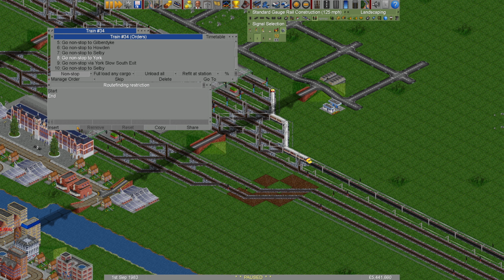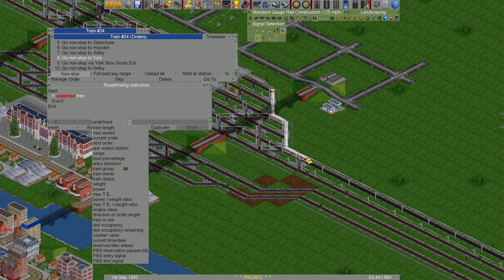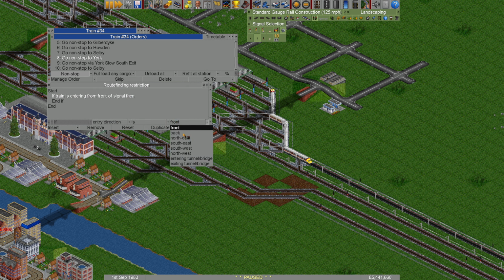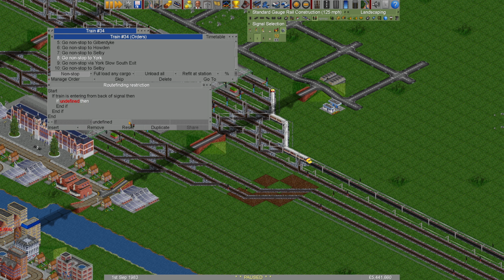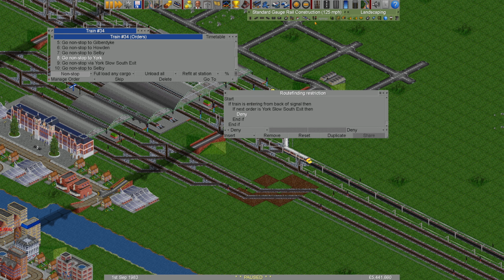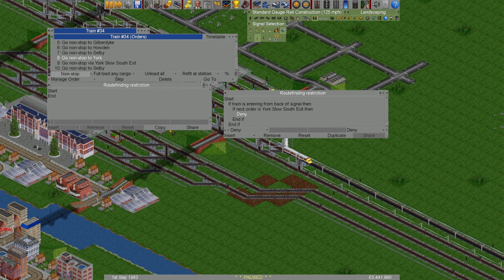So we can go if entry direction is back of signal, and then if next order is select target, that one, then deny. Okay, so that one's gone in blue, and we'll just link those two together.